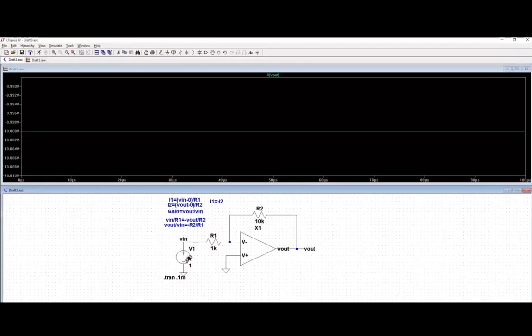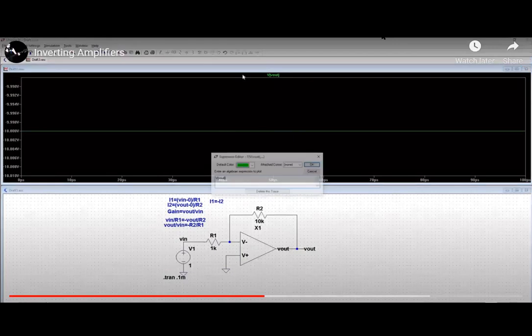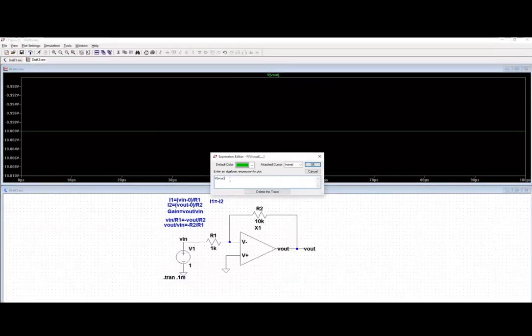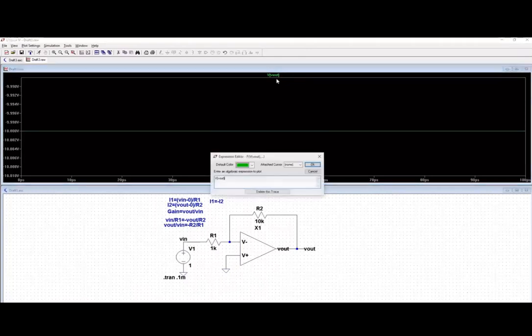And I'm cheating just a little bit by setting V1 as 1, because if you wanted to find the gain, what you would really do is write an algebraic expression at the top of the plot pane. So what I did was right-click on the plot title, and it gives you this text box here. The gain is actually the voltage out divided by the voltage in, so you're going to have to type in that expression.